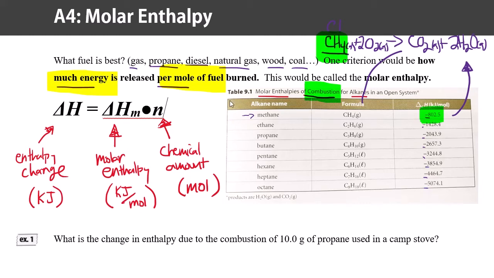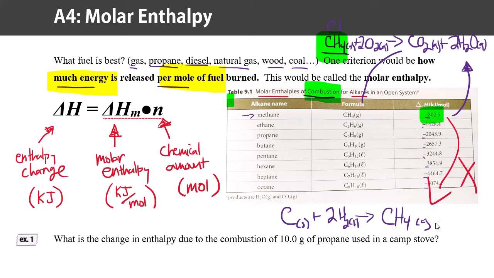Now, the reason why I'm making such a big deal about that is we're going to consider lots of different types of chemical reactions. We might consider the enthalpy of formation. We might consider the formation of methane. So the formation of methane would look like this. It's a totally different reaction, and it would have a different enthalpy, right? This enthalpy does not represent this reaction because it's not a formation enthalpy.